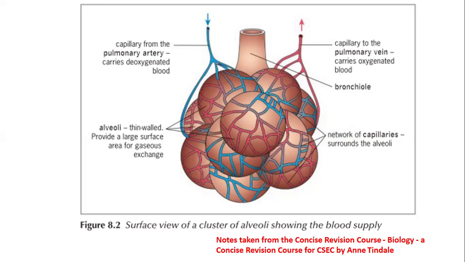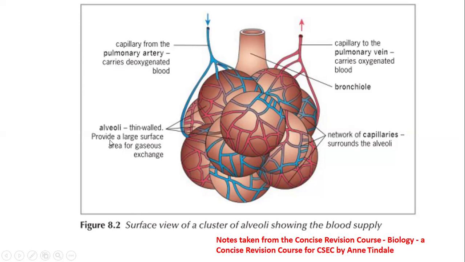So oxygen and carbon dioxide can exchange properly, right? We can see the capillary from the pulmonary artery carries deoxygenated blood, and the pulmonary artery is the only artery that carries deoxygenated blood, right?